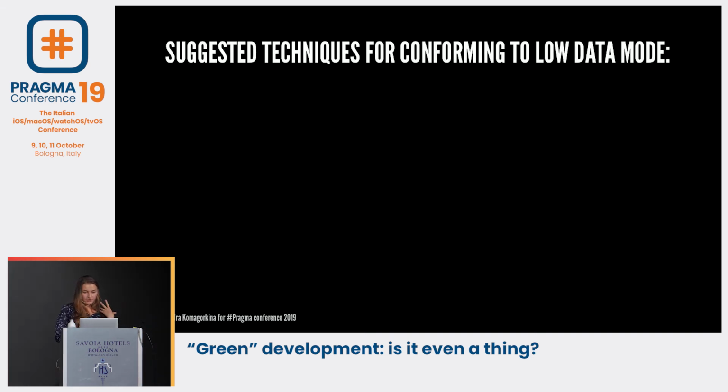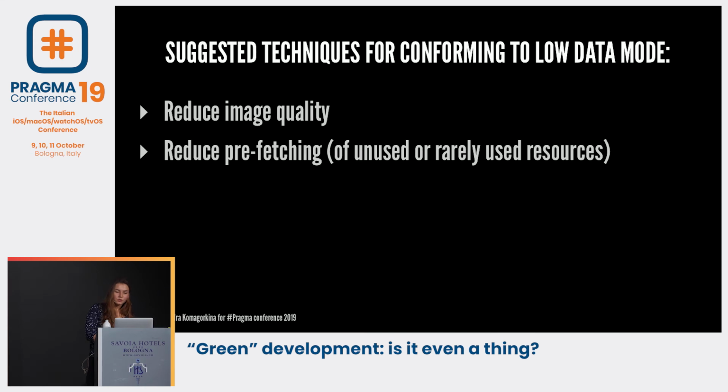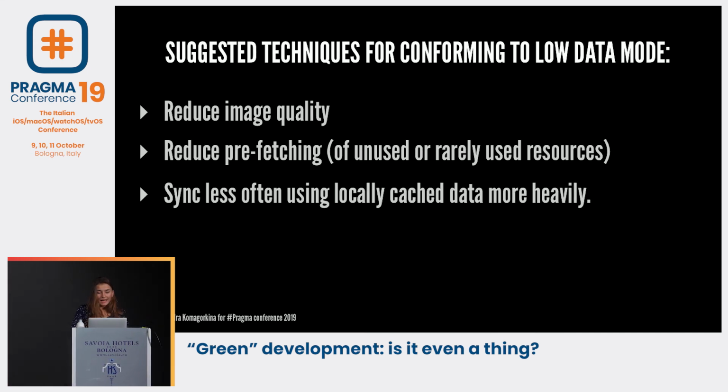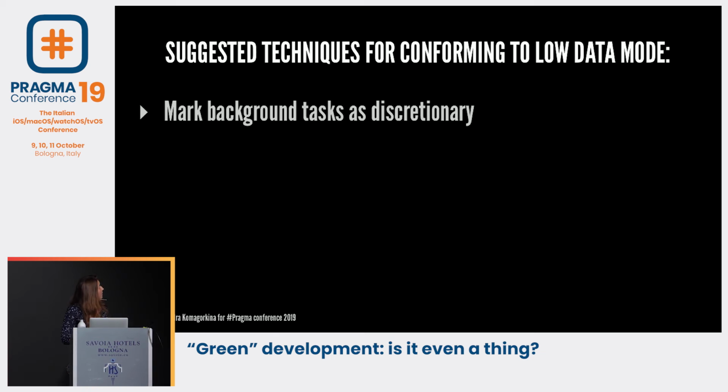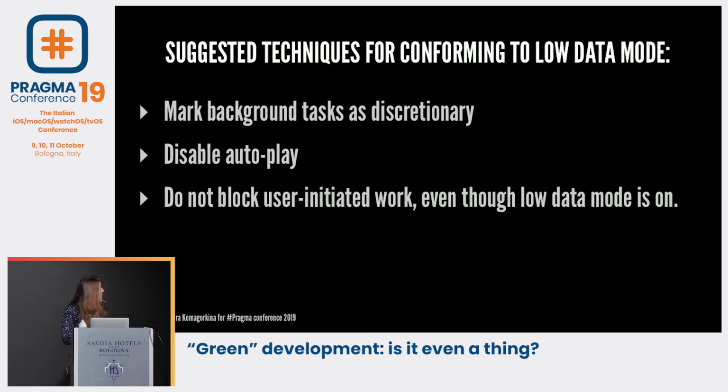But in general, suggested techniques for conforming to Low Data Mode are to reduce image quality, to reduce prefetching, to sync less, and to use locally cached data more heavily. Also, mark background tasks as discretionary, which we already discussed. Disable autoplay, and please do not block user-initiated work even though Low Data Mode is on, because they should be perfectly aware of what Low Data Mode is.